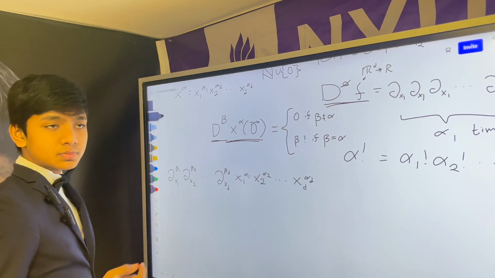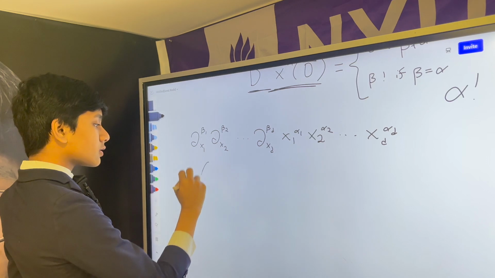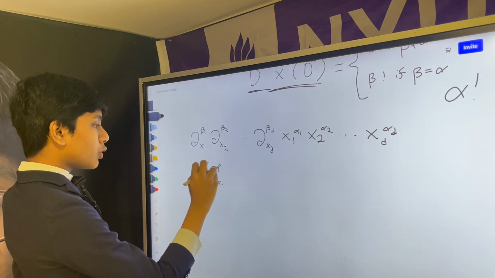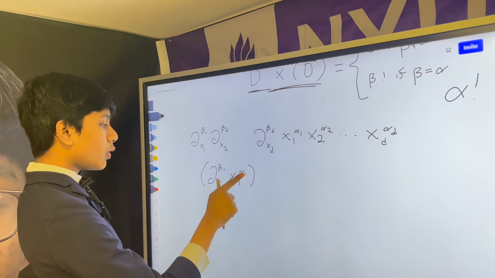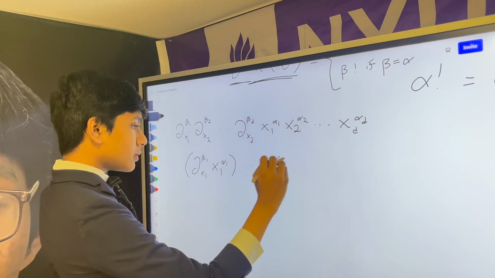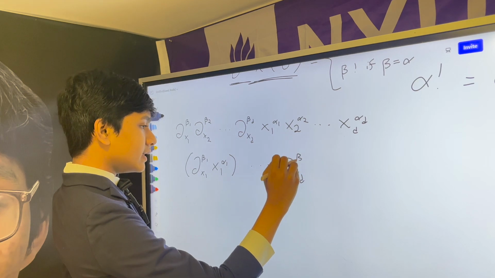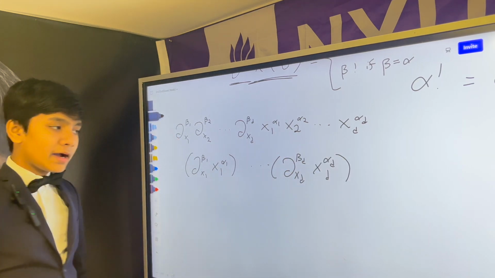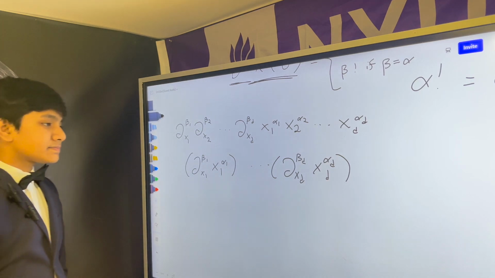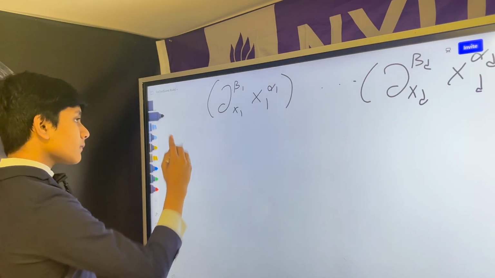So we can just split these up, divide and conquer. Partial x1 beta 1 of x1 to the alpha 1, through partial xd beta d of xd^alpha d.